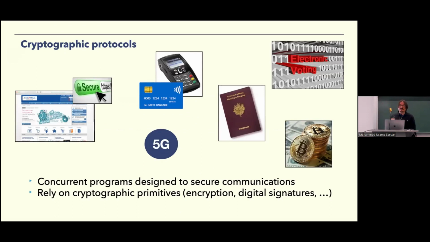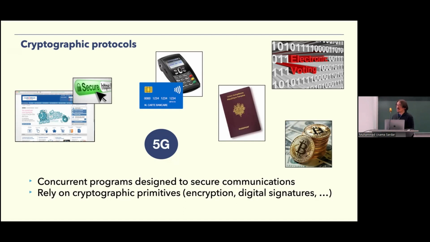As you all know, there are many cryptographic protocols that we use in many different areas, and here we give small examples. Usually in terms of formalization, we consider them as small concurrent programs, although now they're not that small, that use cryptographic primitives like encryption, digital signatures, and so on.